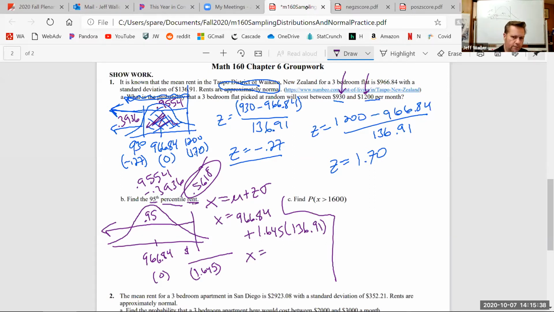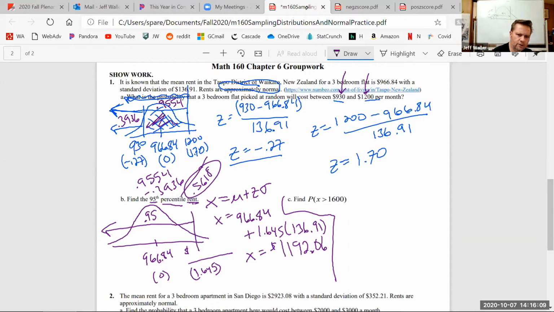And you get 1192.06. That's pretty good. So 95% of people living in a 3-bedroom flat in Waikato, New Zealand, in the Taupo district, I mean, that's a little specific, but they pay less than 1192.06.